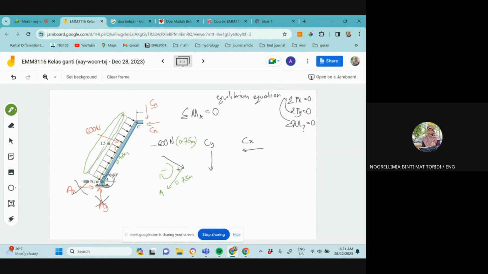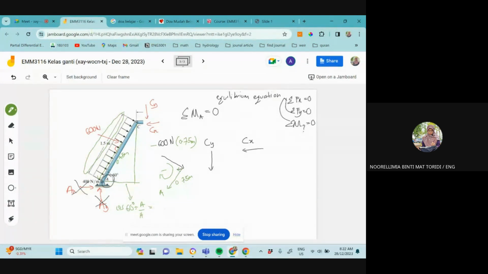Okay, thank you, Dr. Then we have to find CY. What is the distance here? How do we know? We have 0.75, we have 60, so we can use cos. Cos 60 is equal to adjacent over hypotenuse.